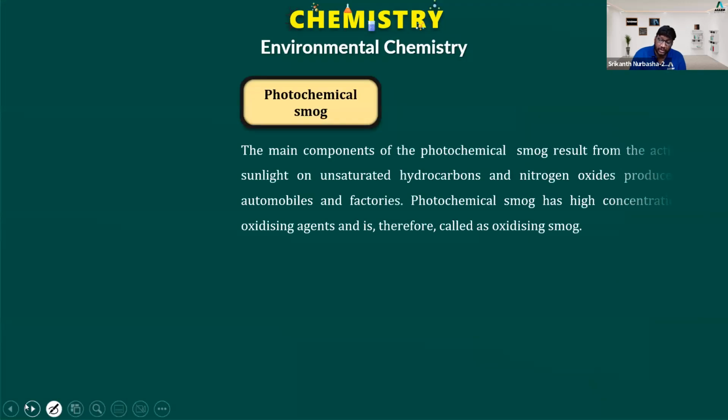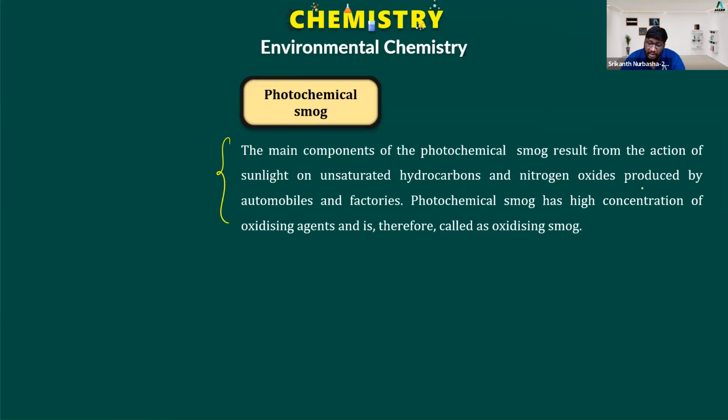Photochemical smog. The main components of photochemical smog result from the action of sunlight on unsaturated hydrocarbons. How are they obtained? They are obtained by the action of sunlight on unsaturated hydrocarbons and nitrogen oxides produced by automobiles.